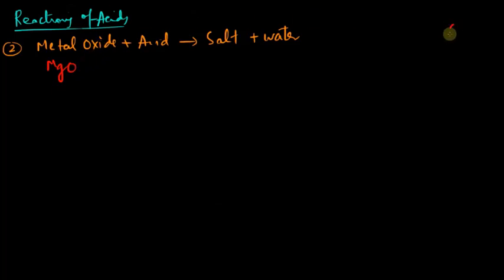Oxide is a 2 negative ion and Mg is a 2 plus ion, so you'll get MgO. Magnesium oxide is MgO. And let's take another acid, sulfuric acid over here, H2SO4. So what will we get? The magnesium reacts with sulfate.